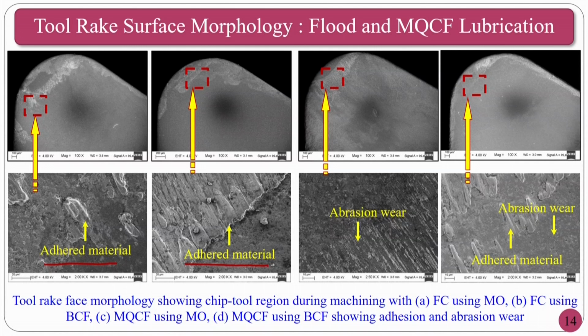That is clearly shown. What I want to show here is the scanning electron microscopy image of the cutting tool. You can see the sticking and sliding regions. With minimum quantity cutting fluid application, where high pressure and forced convection are there, which is better in terms of heat extraction, you will have a very small amount of tool wear.